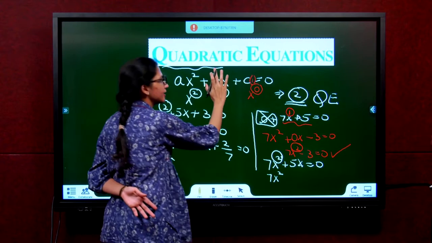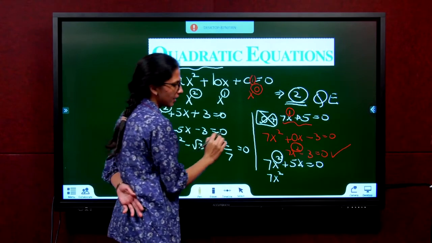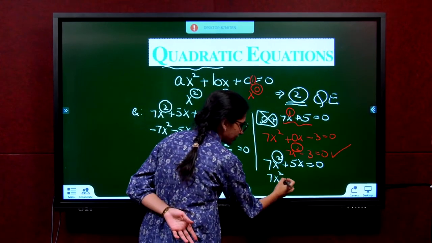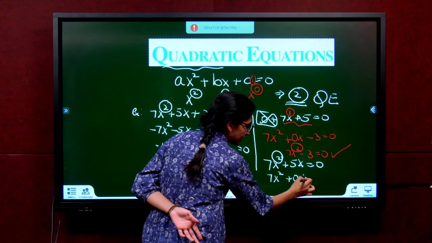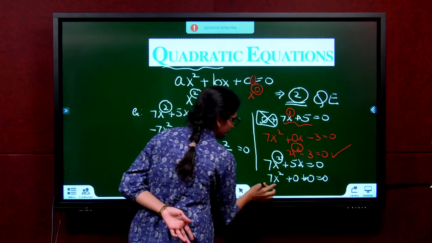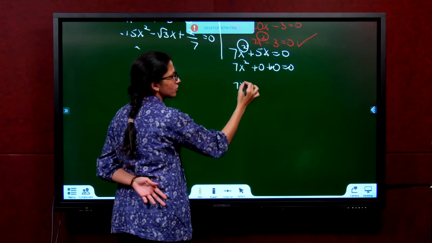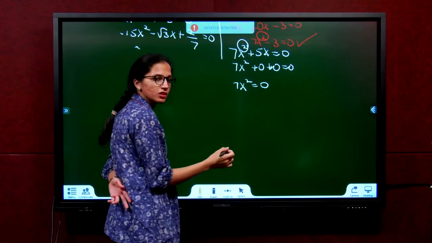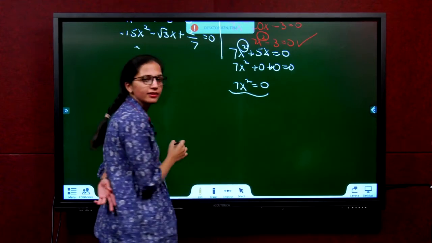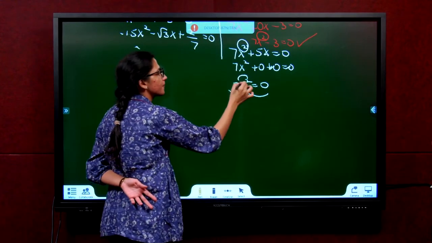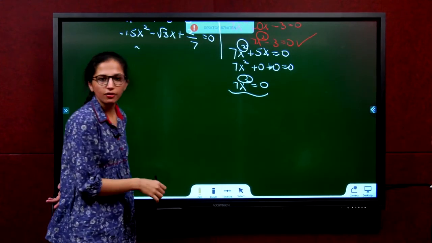Let's make the second term as well as the third term be missing. So I get 7x square is equal to 0. Is this quadratic? Yes, it is quadratic because the highest power of x is still 2.